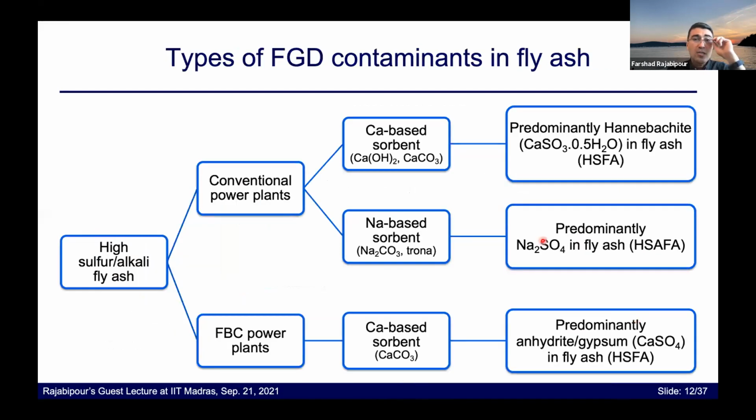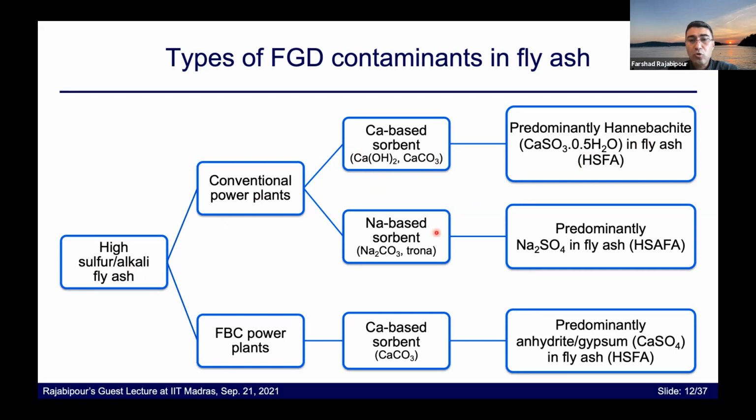All right, so this flowchart summarizes the types of FGD contamination that you can have in fly ashes with high sulfur, or high sulfur and alkalis. In conventional power plants, you may have calcium-based sorbents in the form of calcium hydroxide or calcium carbonate that are injected into the flue gas, and they form predominantly calcium sulfite, or the so-called mineral hannebachite, in the fly ash.